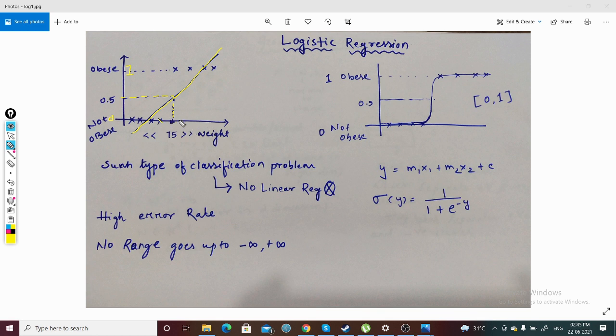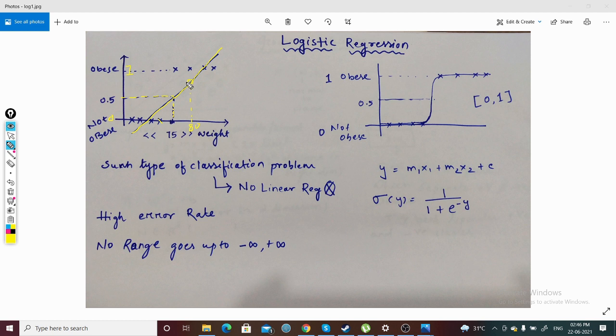Suppose a new person comes and has 80 kg weight. I can go like that: 80 would be coming here, and I can project this onto my best fit line from linear regression.